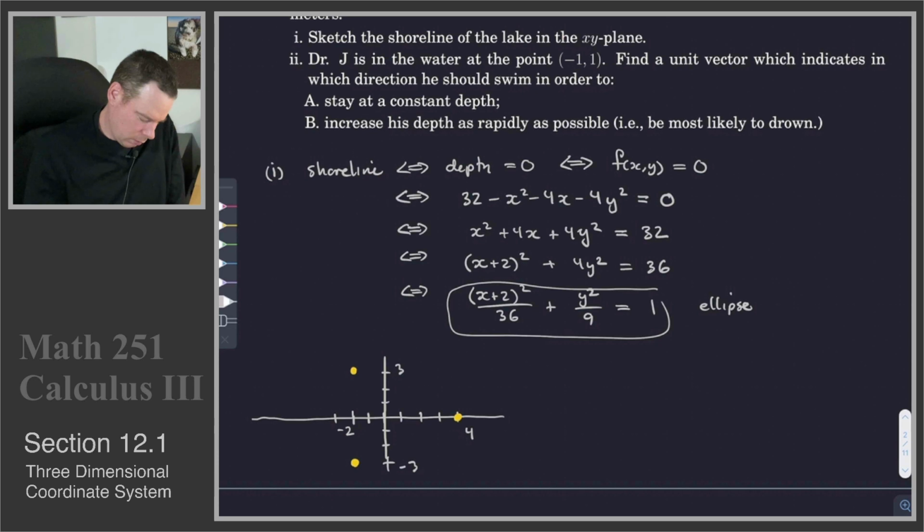And then I also get out here at -8. So -3, -4, -5, -6, -7, -8. So those are 4 points on the ellipse, and so then we can just connect them up to get the sketch of the ellipse.